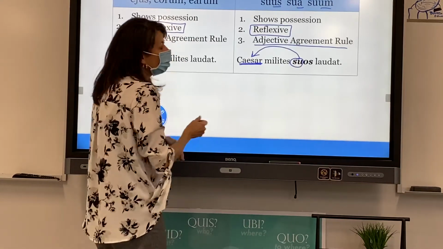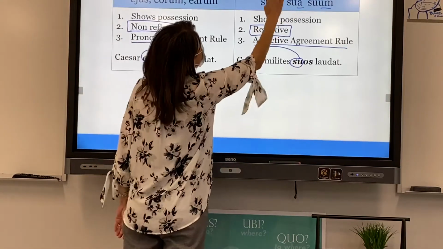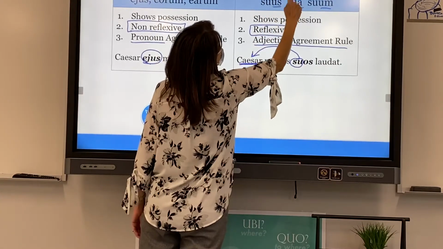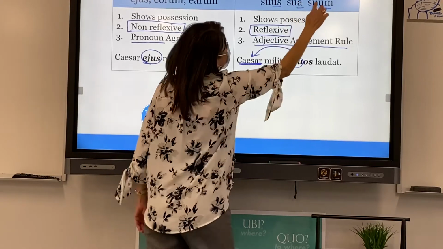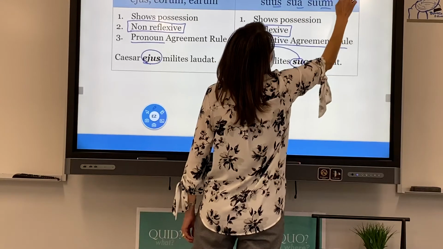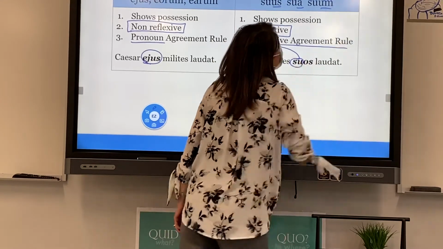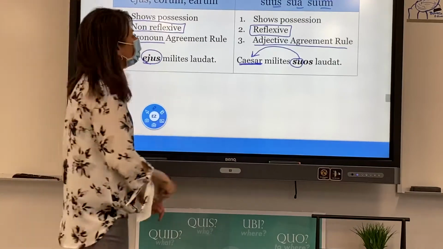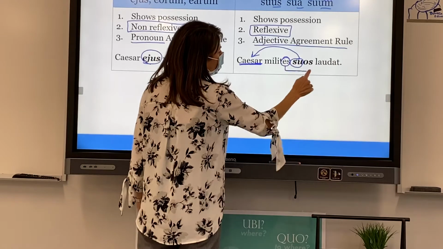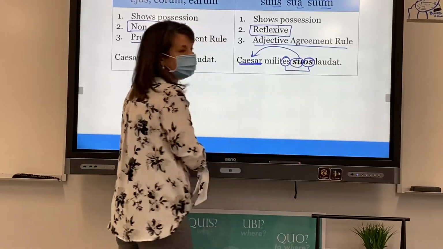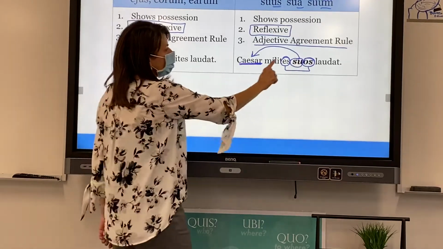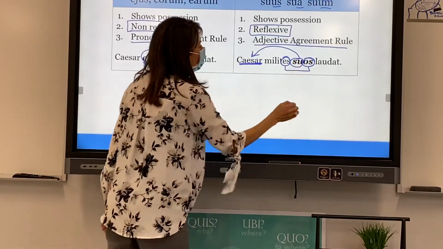This is where the definition is going to be better if you say his own, her own, its own, or even plural, their own. And notice that milites is accusative plural, and so is suos. So Caesar praises his own soldiers.